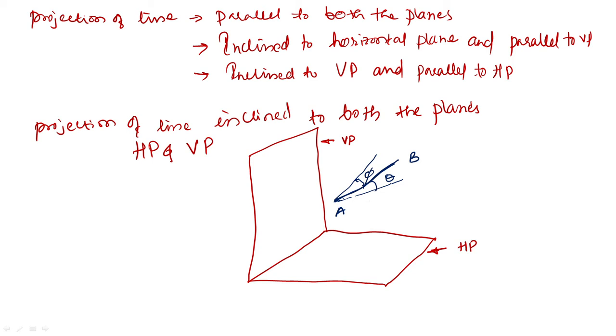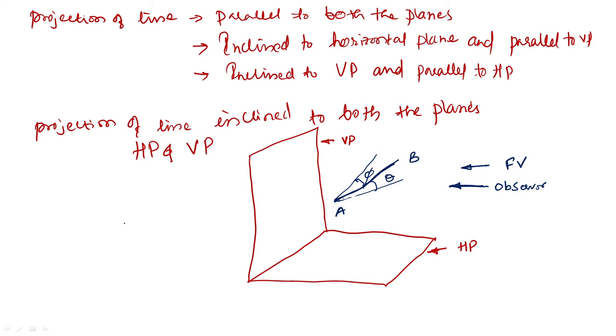Now if you consider the projection of this line AB observing from the first quadrant position, that is the front view. Okay.